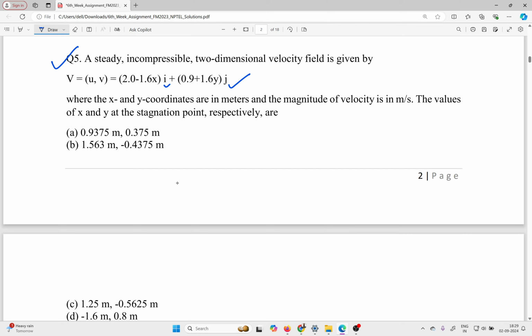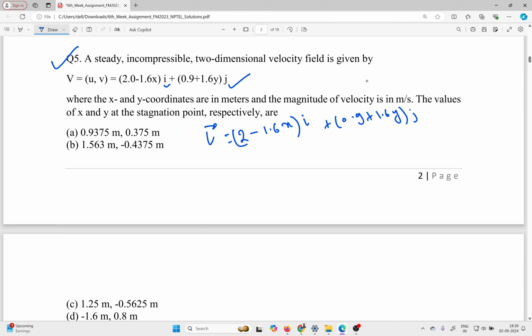So in the question, if you will see, let me write it in an elaborative manner. So 2 minus 1.6x i equal to 0.9 plus 1.6 yz.